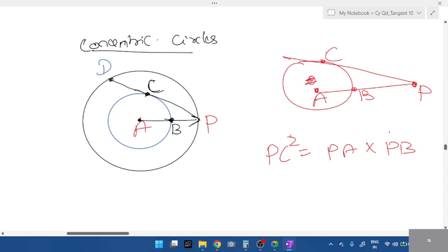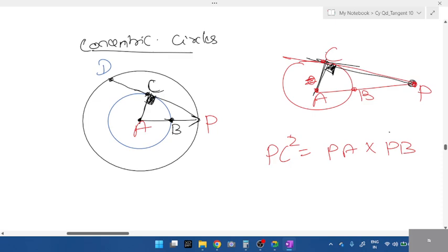Now, with respect to the smaller circle, if I connect A to C, what is A to C, students? This is where students get confused. A is the radius. If the radius touches the tangent, what's the angle formed? 90 degrees. So with respect to the smaller circle, that is 90 degrees.